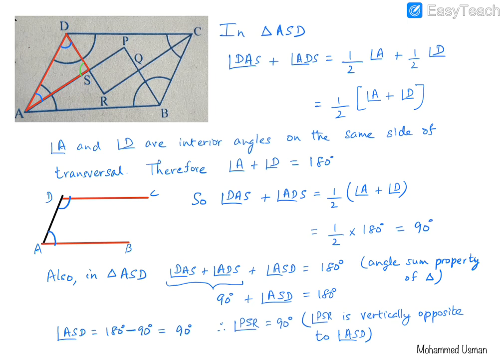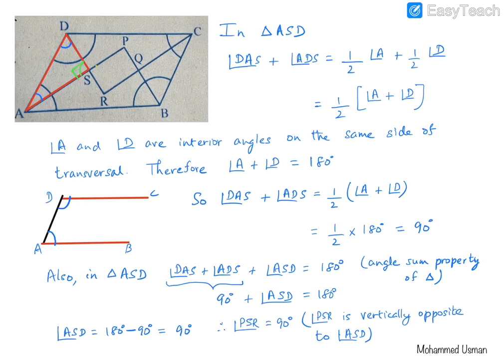So 90 degrees means we can draw it as an angle like this, okay? So we first show that the angle ASD is 90 degrees. But we also see from this figure here that the angle PSR is vertically opposite to the angle ASD. So this angle over here is also going to be the same as the angle ASD because they are vertically opposite angles. So the angle PSR, I'll mark it with a different color, yellow.